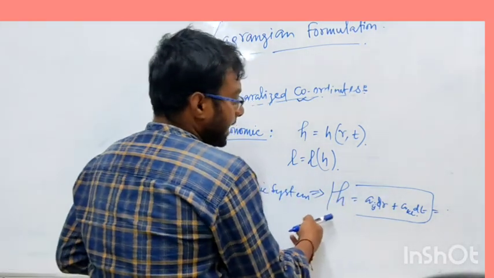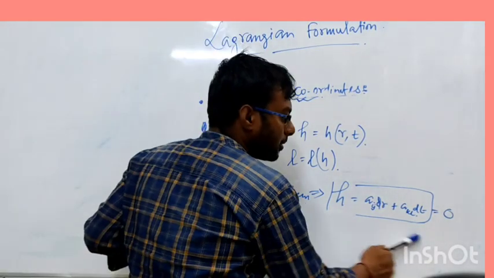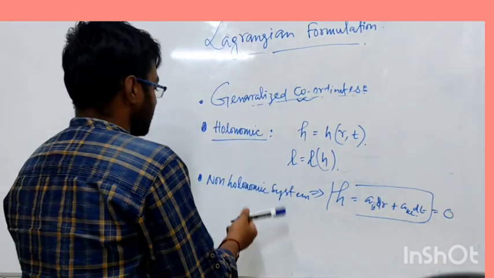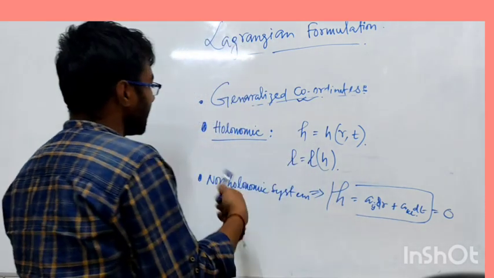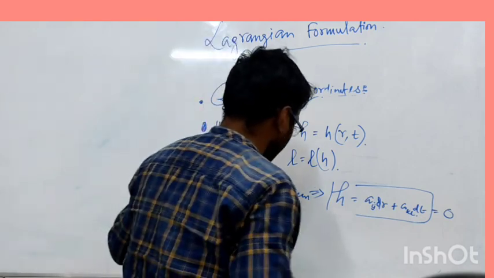If H is equal to 0, then we can say that this function is not an integrable function. So that is the condition. Using this condition, we can know the behavior of the system, either it will be harmonic or non-harmonic.